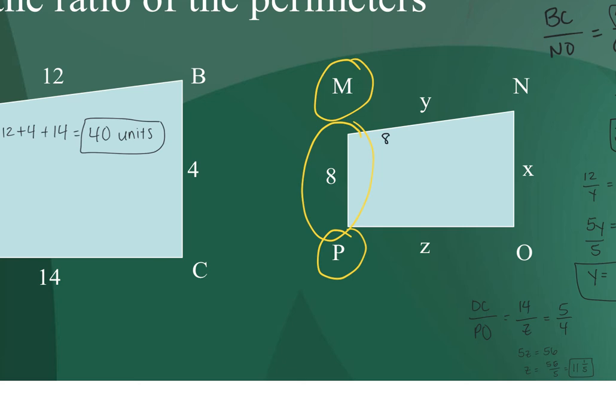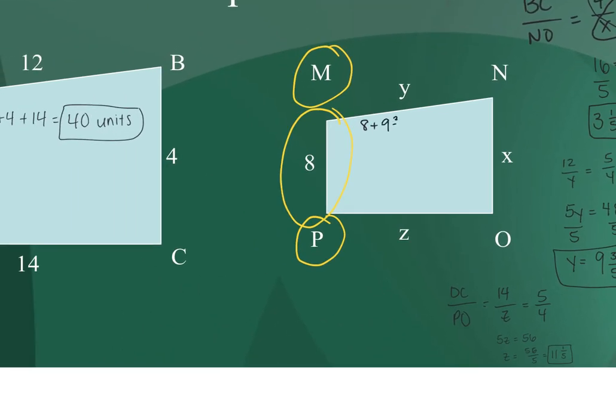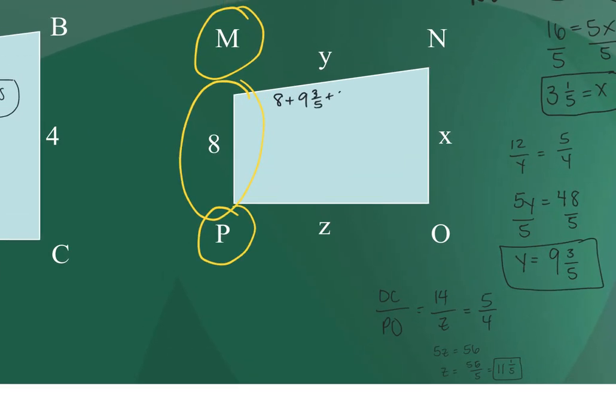So it's going to be 8 plus y, which is 9 3/5, plus x, which is 3 1/5, plus z, which is 11 1/5. What am I going to get? Ooh, 32.